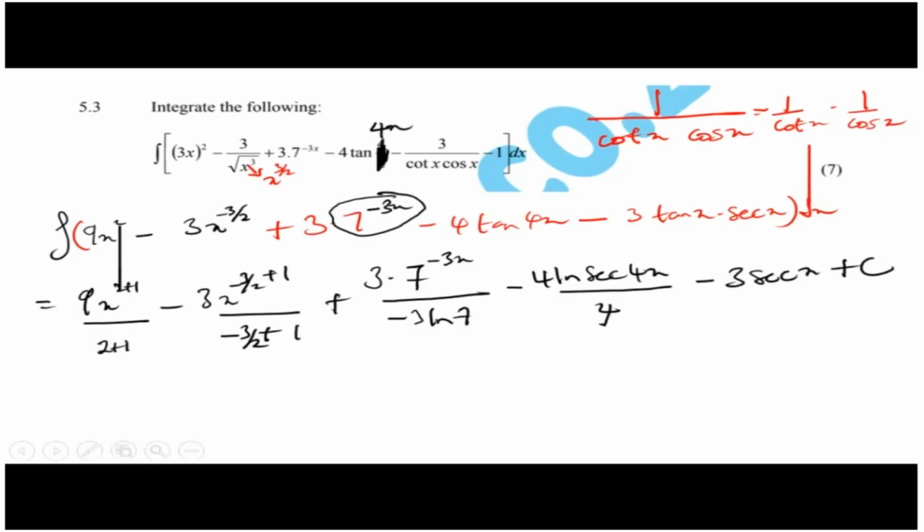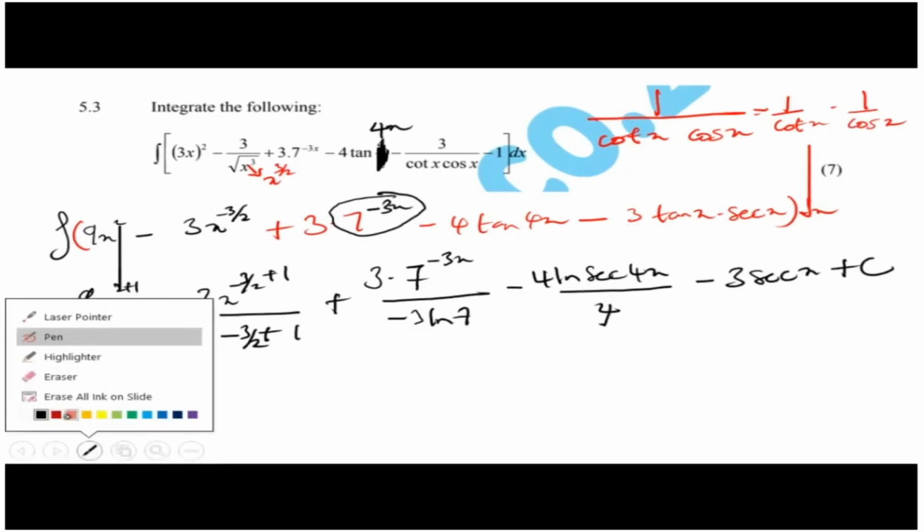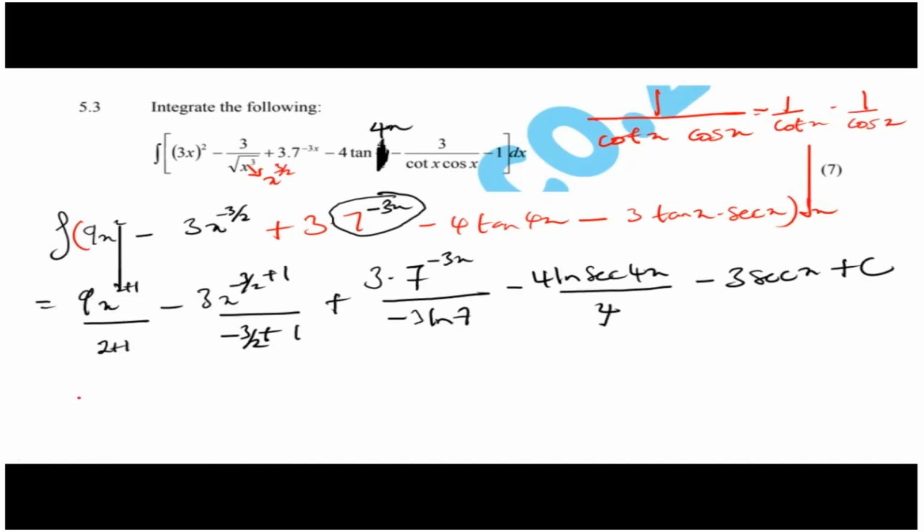So what you're just left to do is simplify. If you simplify this one, you arrive at 3x cubed. Then here you get what? 3x raised to power negative 3 over 2 plus 1 should give me what? It should give me negative half, isn't it?